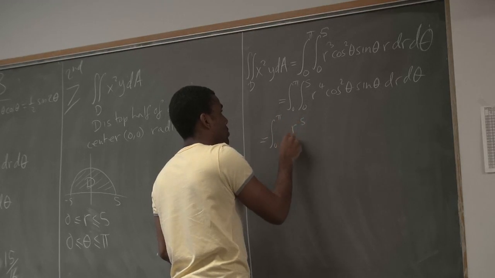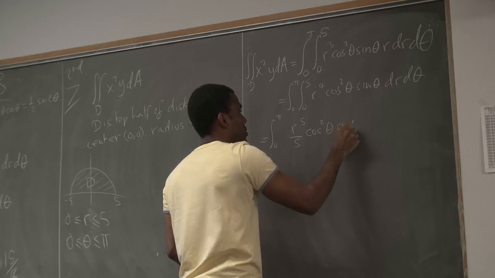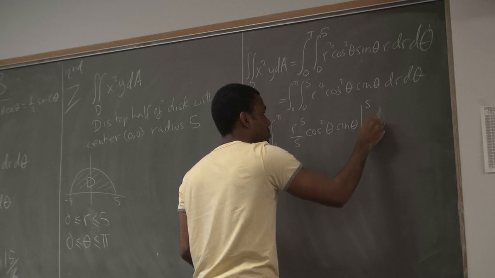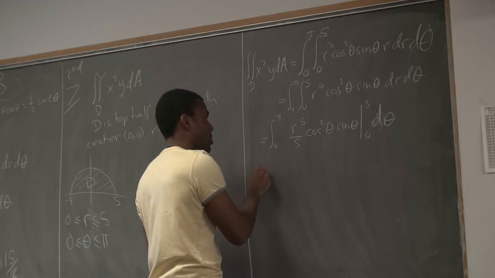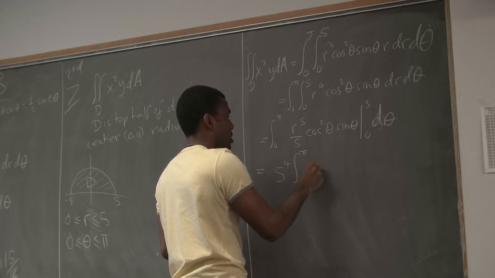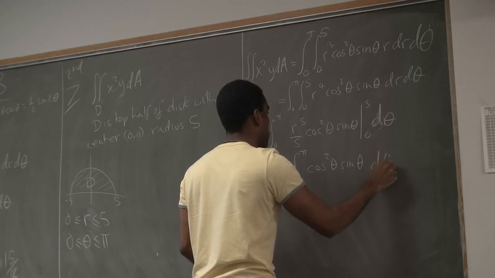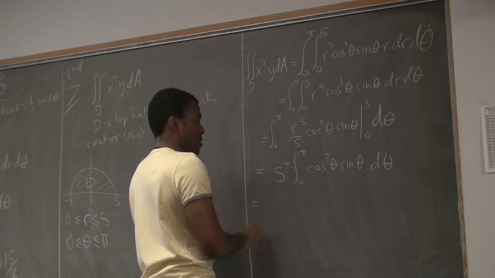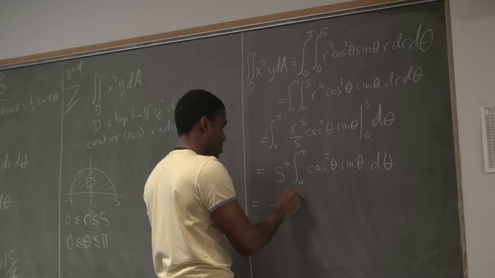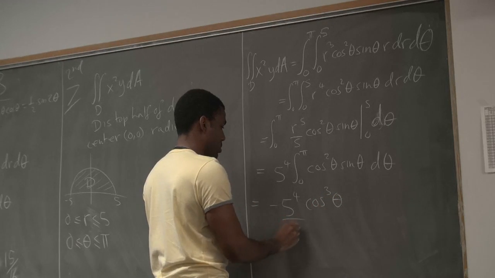This is R to the 5th over 5. So this just becomes 5 to the 4th between 0 and pi of cosine squared theta sine theta. Then you integrate this, and you're going to have minus cosine cubed theta over 3.